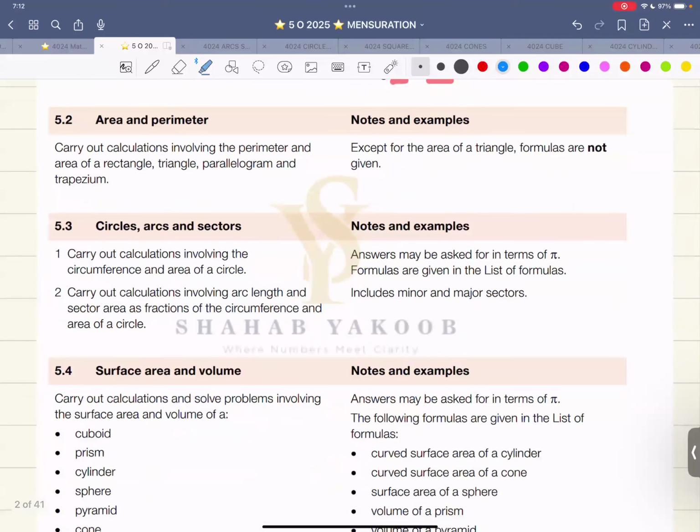Now the second thing, area and perimeter. Carry out calculations involving the perimeter and area of a rectangle, triangle, parallelogram, and trapezium. Except for the area of a triangle, formulas are not given. What does it mean? That means the area of a triangle is given, and for rectangle, parallelogram, and trapezium, the formulas are not given.